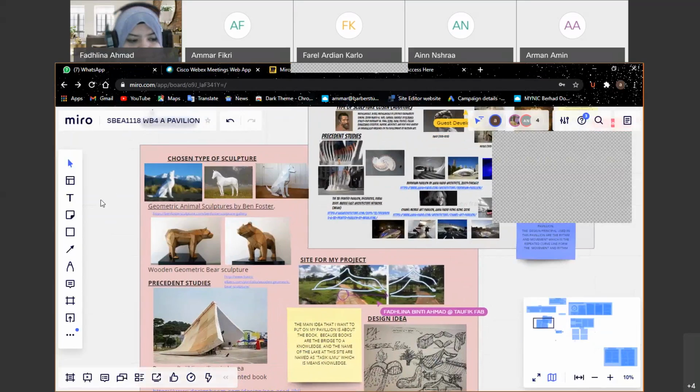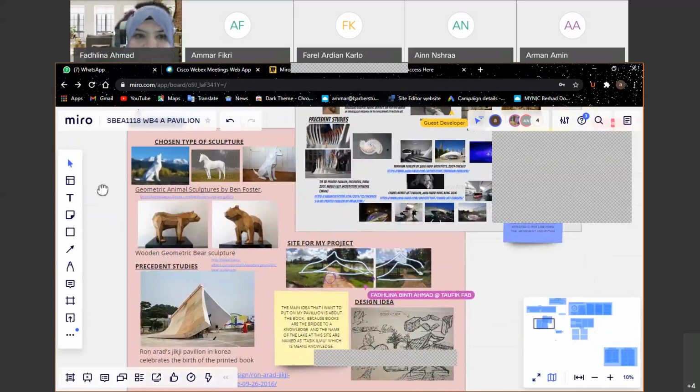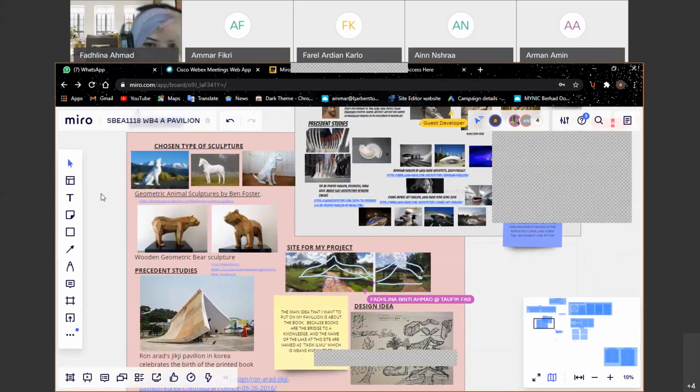Bismillahirrahmanirrahim. First thing first, the chosen type of sculpture that I want to put at my pavilion is a geometric animal sculpture, and I have an example here by Ben Foster.